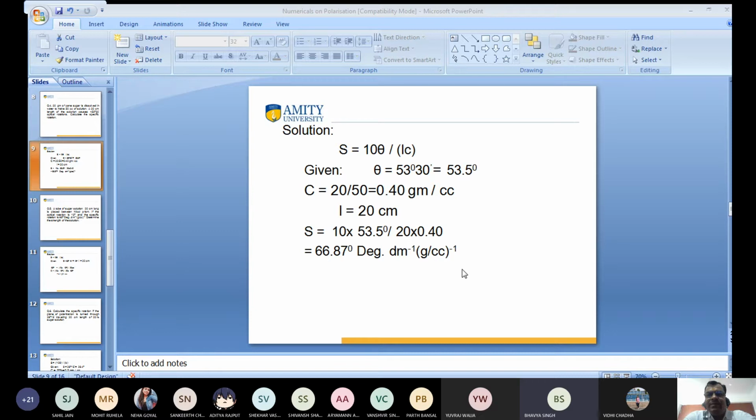Where are you making a mistake? Calculation mistakes. Okay. Adit Rajput, what is your answer? 66.25. Why the difference? Can you check your answer? 66.87 is correct or not? So it is correct. Then why the mistake?